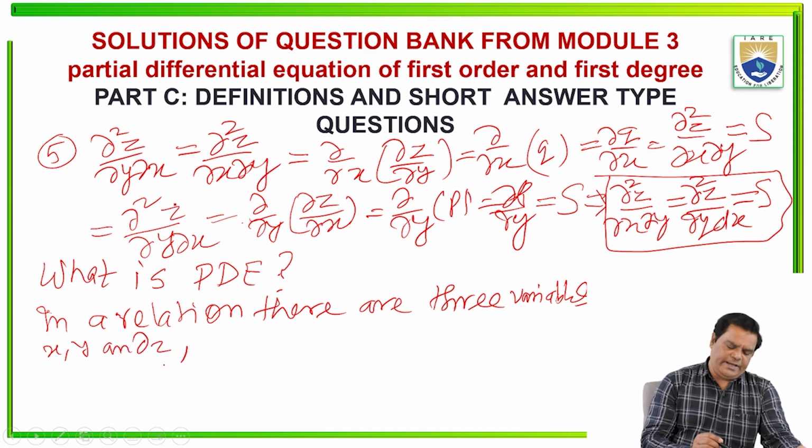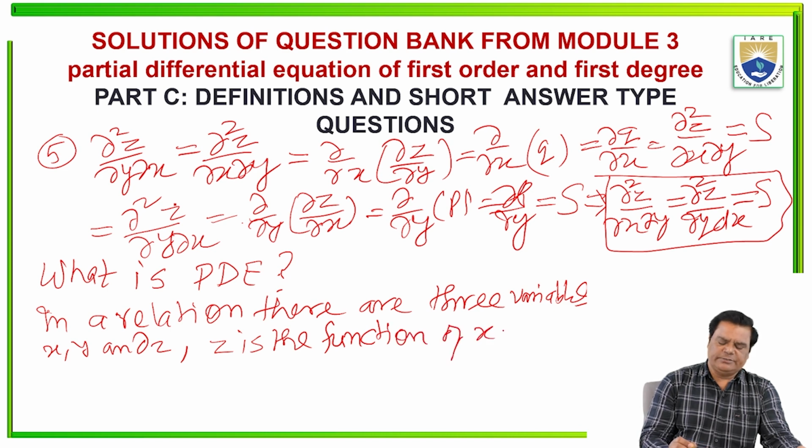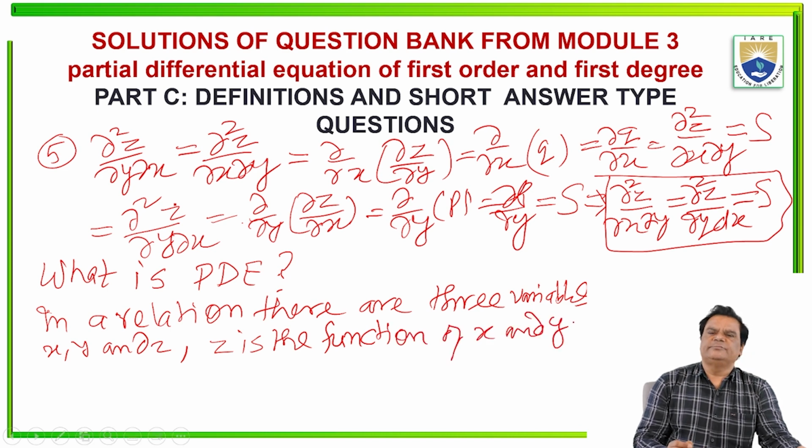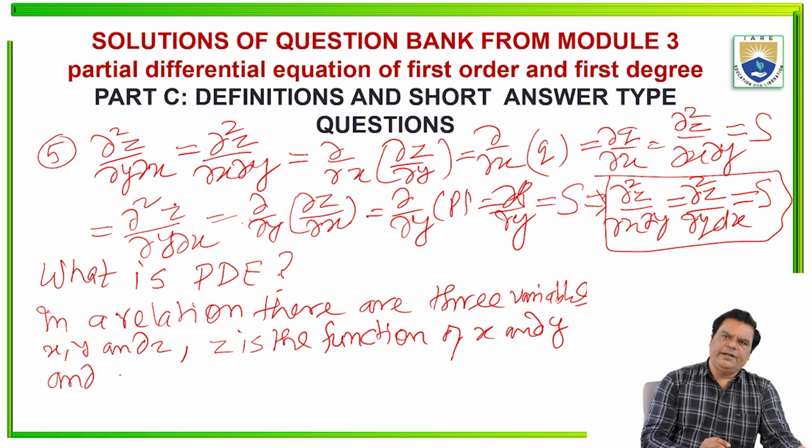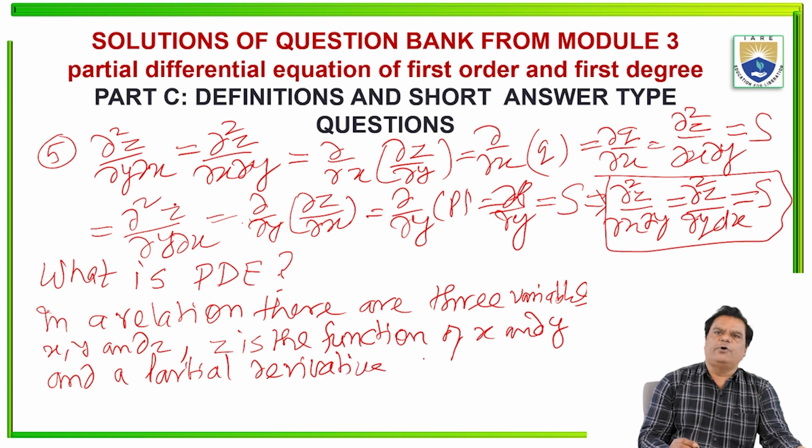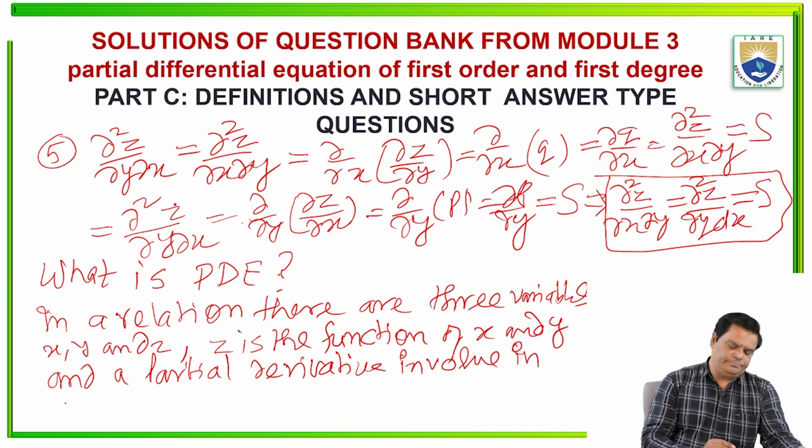Z is a function of x and y, and a partial derivative is involved in this relation.